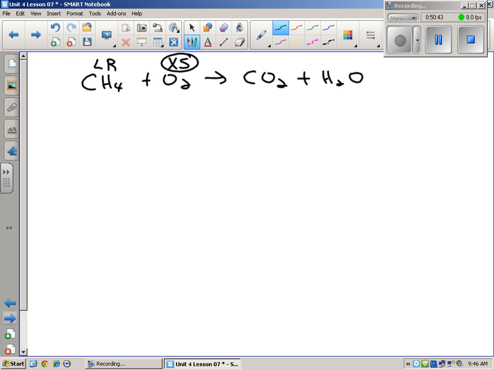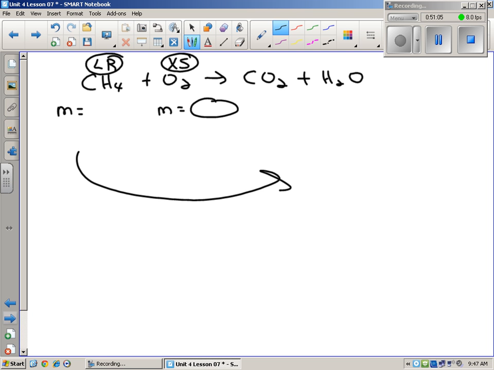Well, if this is excess, by default, that has to be limiting reactant, right? Did they tell you a mass of oxygen here that you needed to use? The answer is no, they don't have to because it's excess. Don't care, right? I got lots of it. So the point is, we tell you this mass here, and you can move stuff over. So this question is something that you would have done yesterday, right?